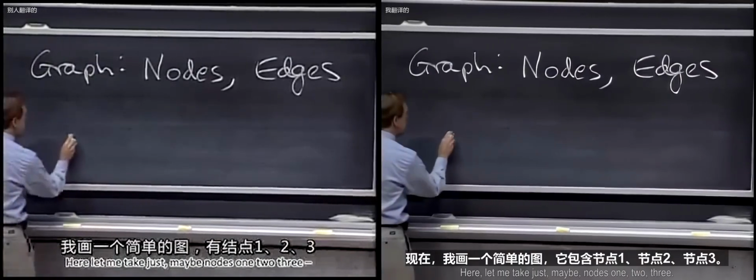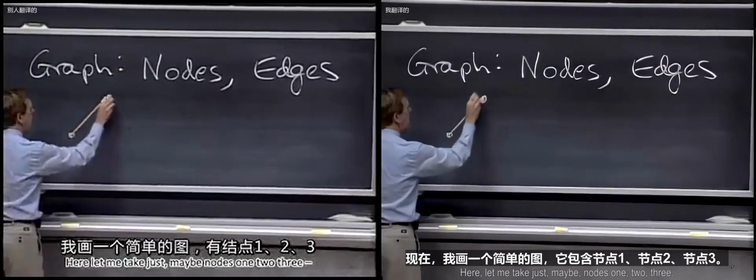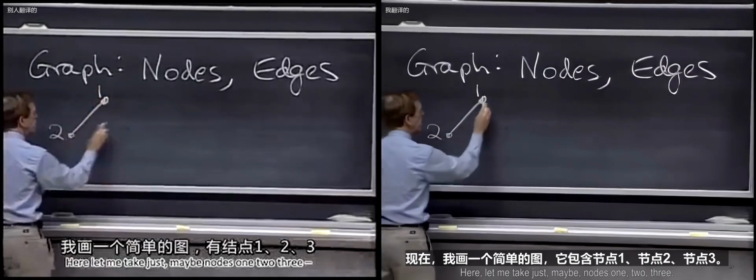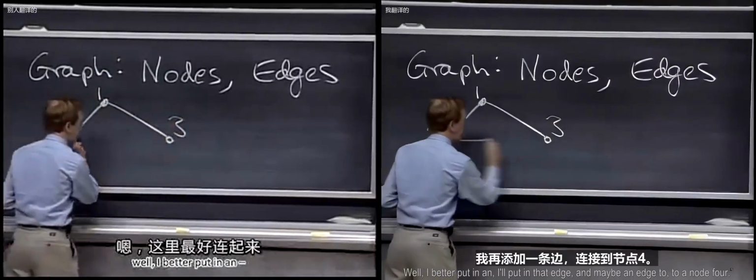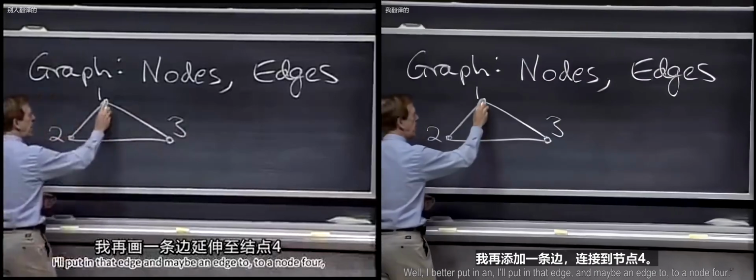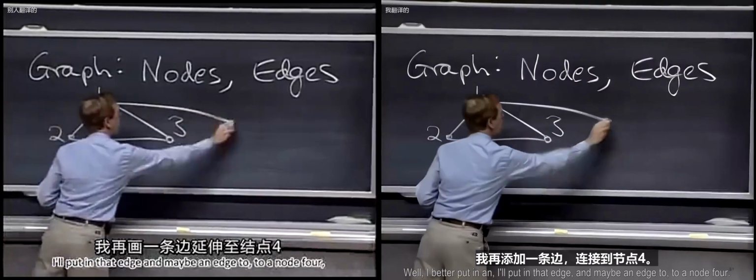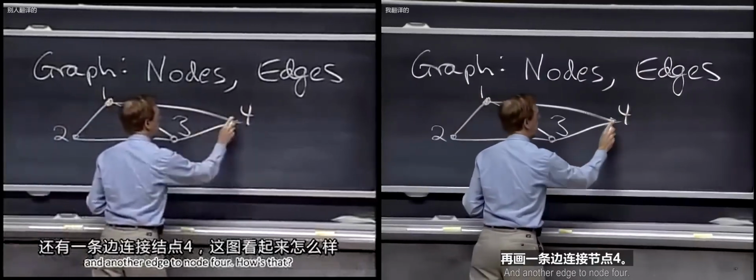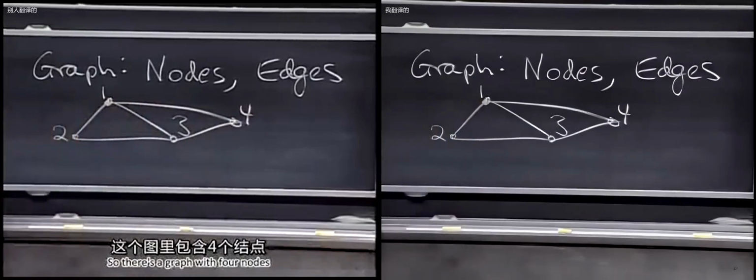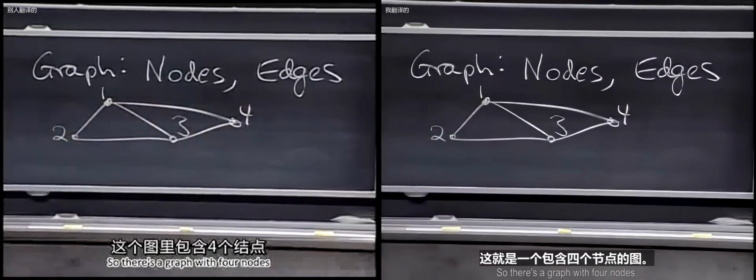Here, let me take just maybe nodes 1, 2, 3. Well, I'll put in that edge, and maybe an edge to a node 4, and another edge to node 4. How's that? So there's a graph with 4 nodes.